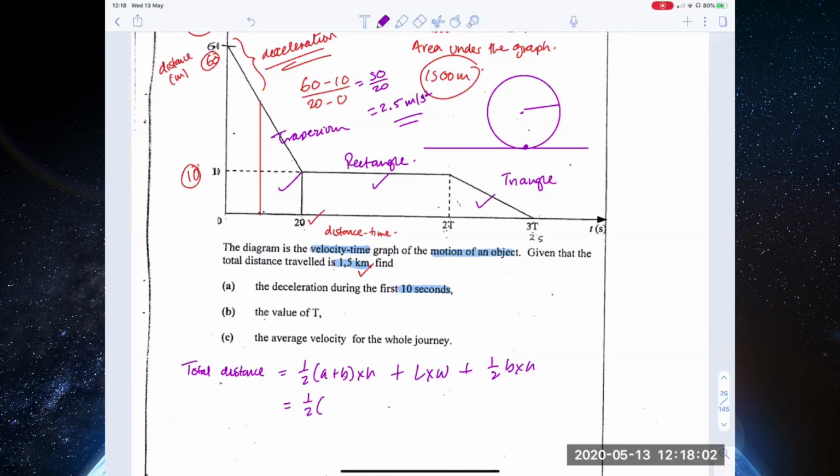So what is A equal to? And which are the parallel sides? Those two.